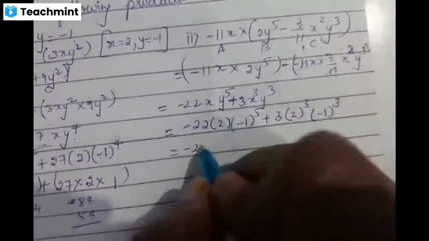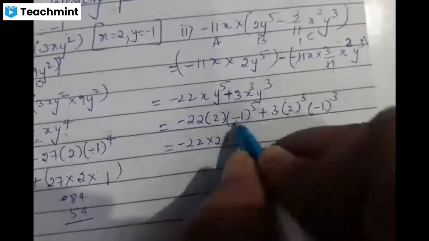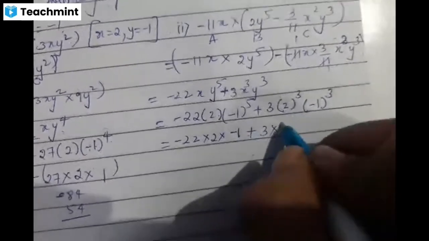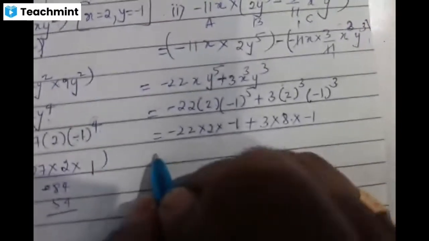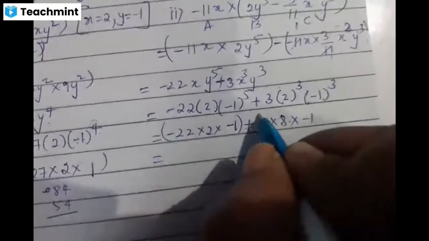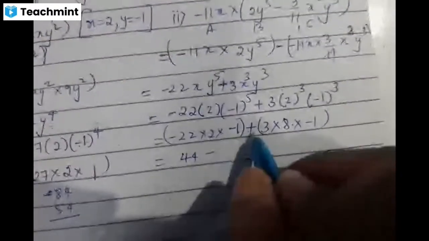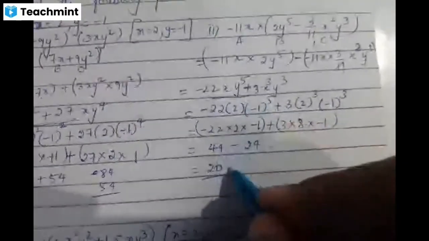First remove the powers, children. 22 into 2 into minus 1 multiplied 5 times is minus 1, plus 3 into 2 cube is 8 into minus 1, because minus 1 to the power of 3 is odd, so it will have a minus sign. Now only multiply, then add, children. Minus into minus is plus, 22 2s are 44, plus into minus is minus, 8 3s are 24. 44 minus 24 is equal to 20. So here is the answer and this is the evaluation.